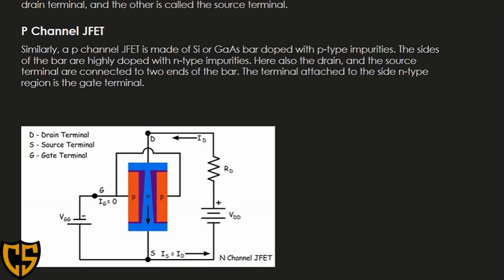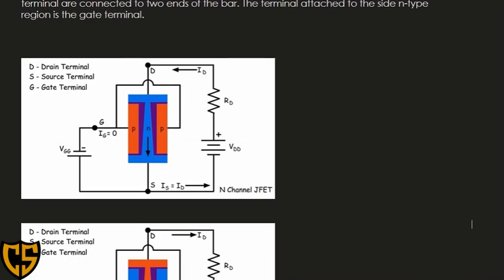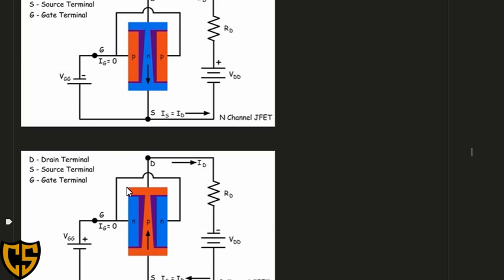So take note that the bar is P-type, and we infuse the sides with N-type impurities to create a PN region. They are the same, with the same terminals that we have seen.